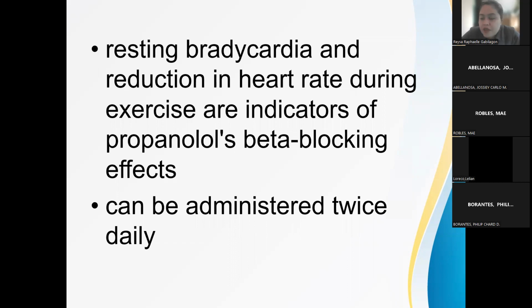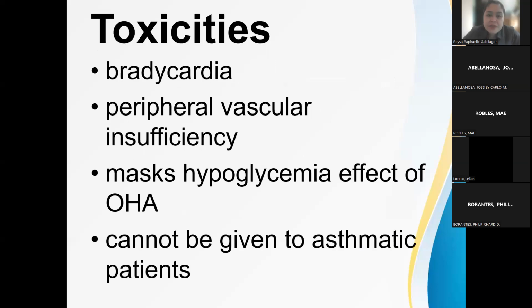And when a person takes beta blockers, then he or she may experience a heart rate which is lower than 60, and that is normal. Now, propranolol is easily metabolized and eliminated in the body, thus this is given twice a day.